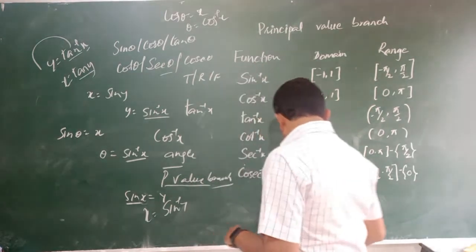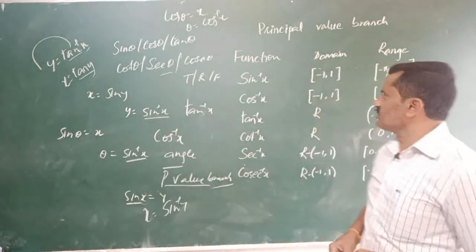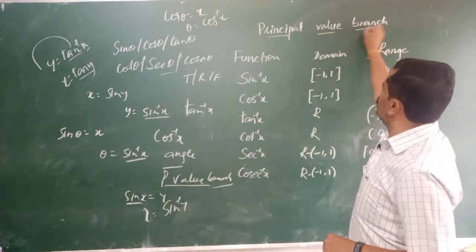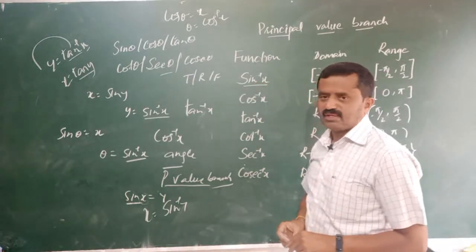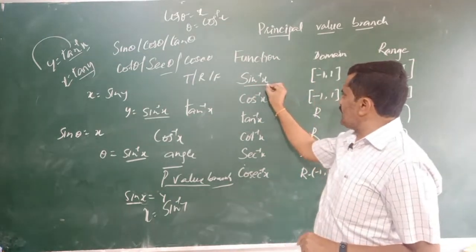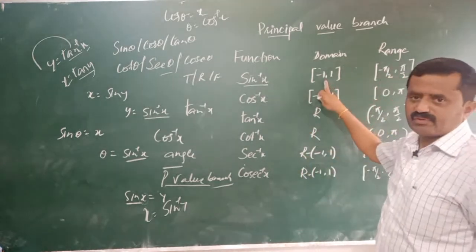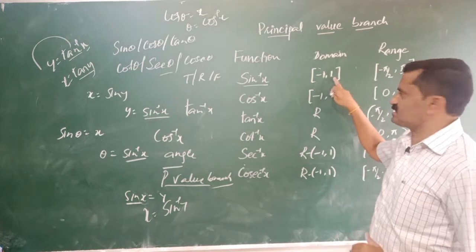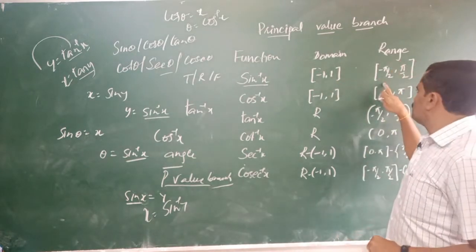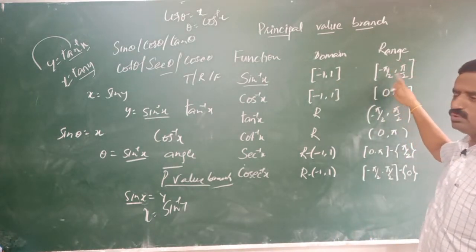And then we have the principal value branch for all inverse trigonometric functions. So we have domain and range. Here we have the sin inverse x function. For the sin inverse function, we have a domain of minus 1 to 1, that is closed interval. Range we have minus pi by 2 to pi by 2.